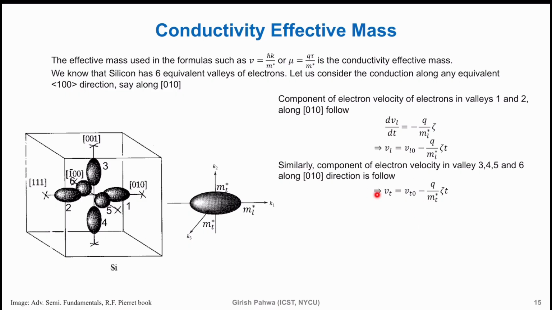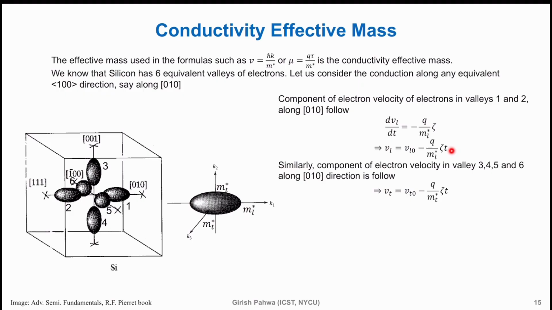This equation is what you get after you apply Newton's law and integrate. For longitudinal, I get this. For transverse, I get this. You can now take the average. This is going to become 0, this is going to become 0, and this t is going to become the scattering time, tau.